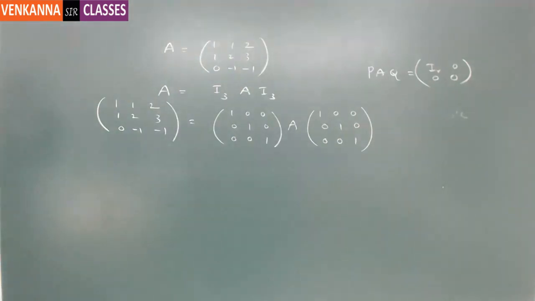Now let us apply the row operations first so that the entries below the diagonal will be 0. So while applying the row operations, we consider the prefactor only on the RHS side.